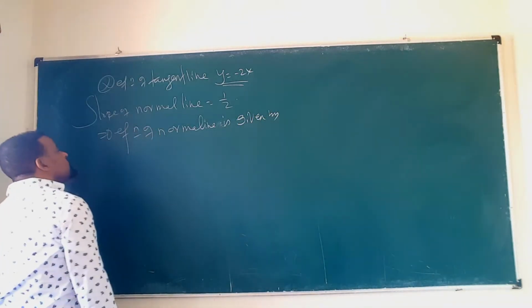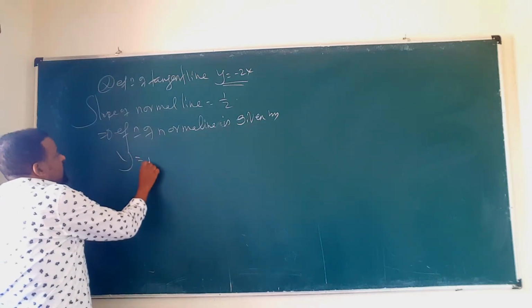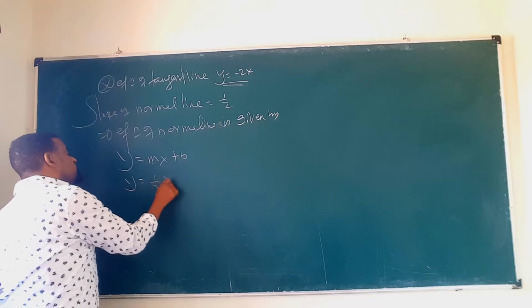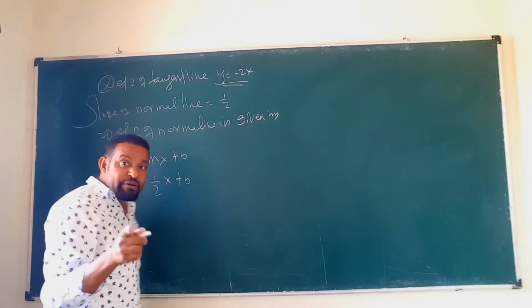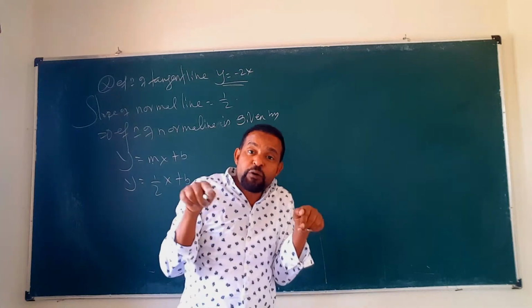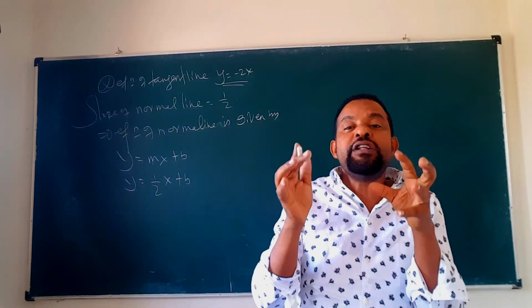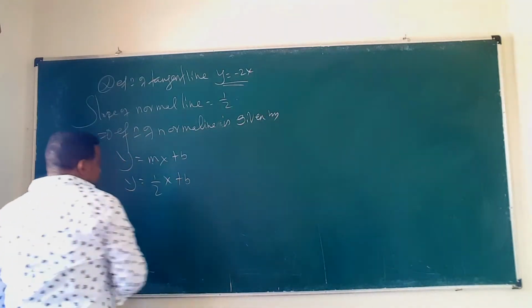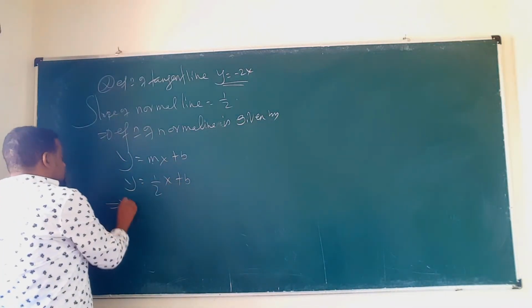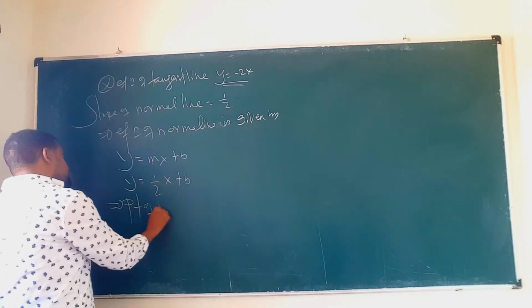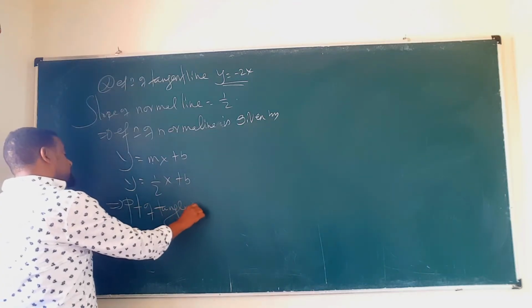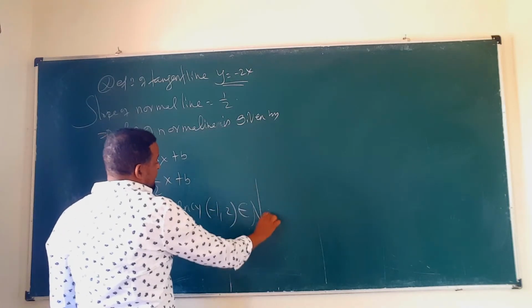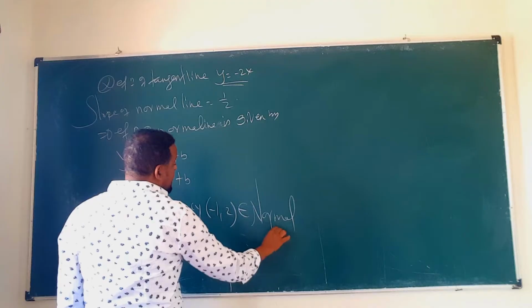So the equation of the normal line is given by y is equal to mx plus b, y is equal to 1/2x plus b. Remember that the point of tangency, -1, 2, is a member of the normal line.